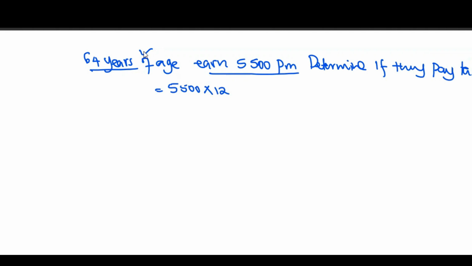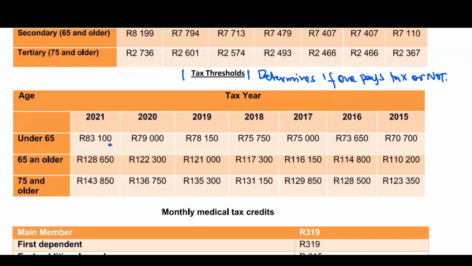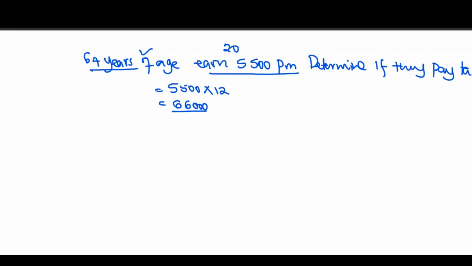So the person at the end of the year has 66,000. Let's take it to be 2019. The person earns this in 2019. So we shall come here.